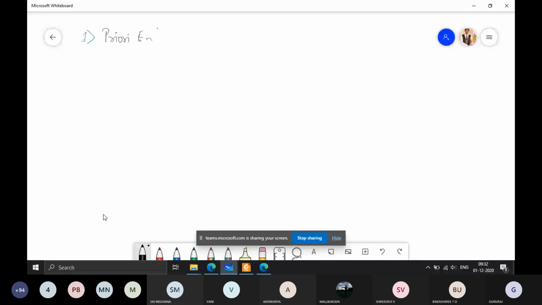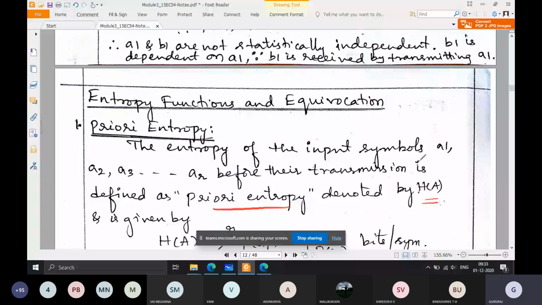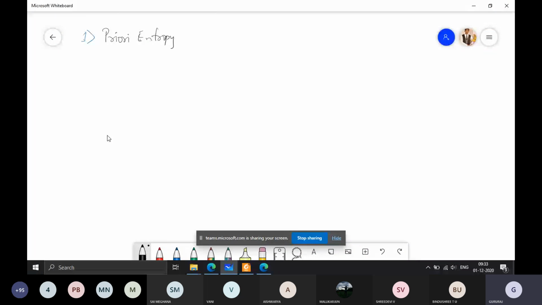The entropy of the input symbols A1, A2, A3 up to AR before their transmission is defined as priori entropy, denoted by capital H of A. So what is priori entropy? It is the entropy of the input symbols before transmission.